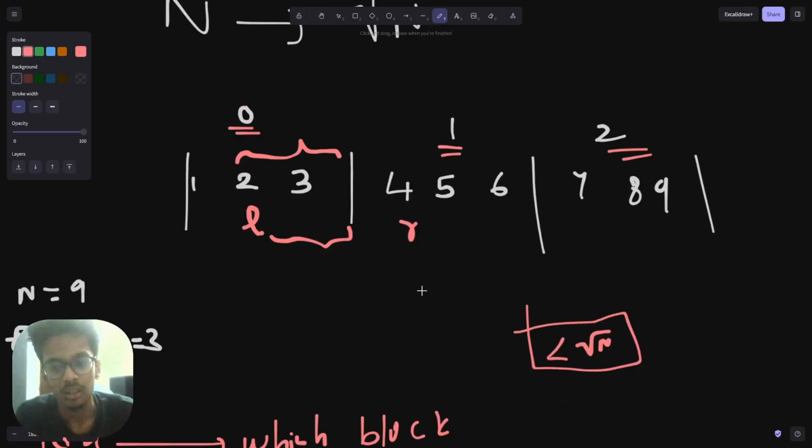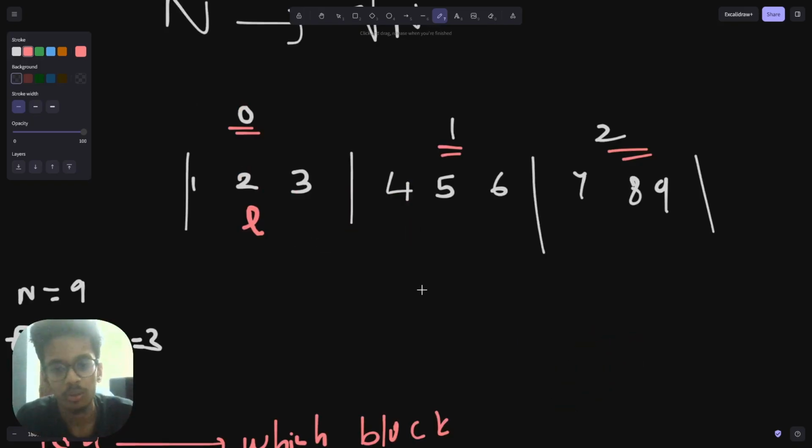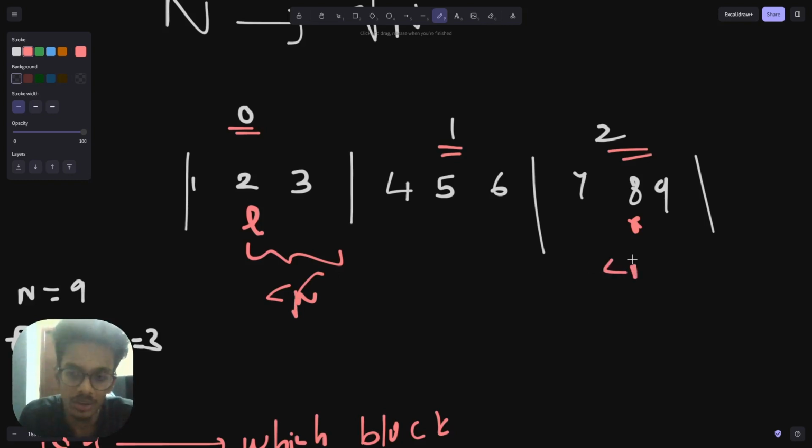And due to a query, if I had to encounter this situation where L is here and R is here, this part would be less than root n. This part would be less than root n. So when partial blocks come, you're always taking somewhere around root n.